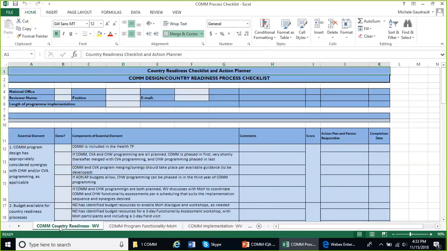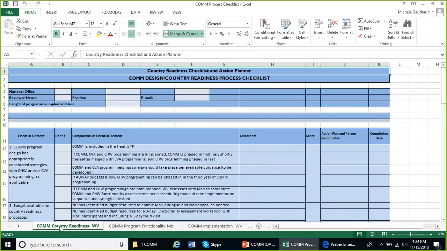And in fact, that's what my COMM team members and I are in the process of doing. So we set up calls with national offices implementing COMM, and we work through this tab with them, and it really serves as helpful guidance for how to set up.